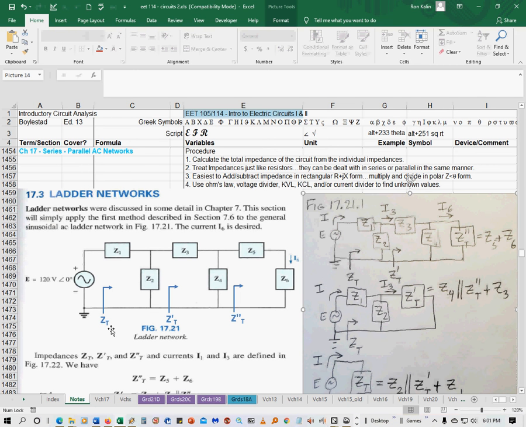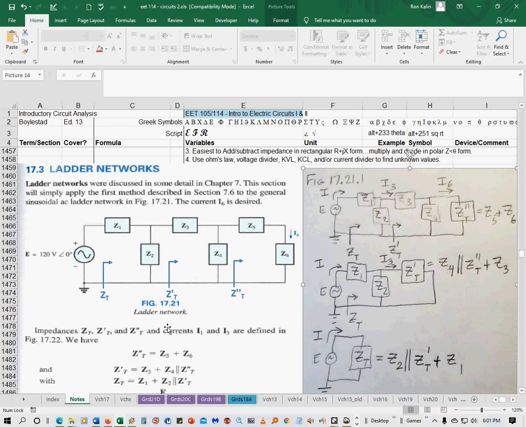Okay, so I added some clarification to this figure as defined by how the book defined the different impedances. What you have to do is do the reduce and return approach, which we learned back in DC analysis. So you start over here on the right side of the ladder and you start reducing back to the left.